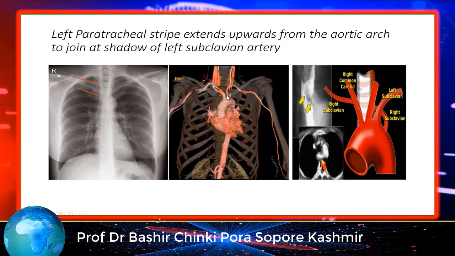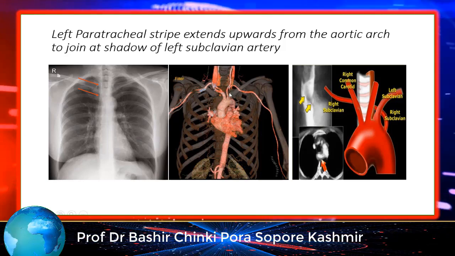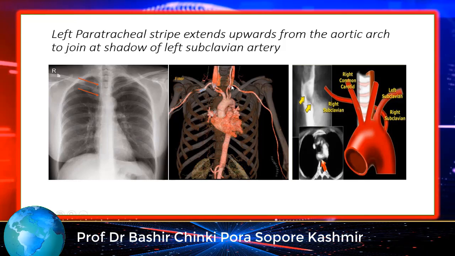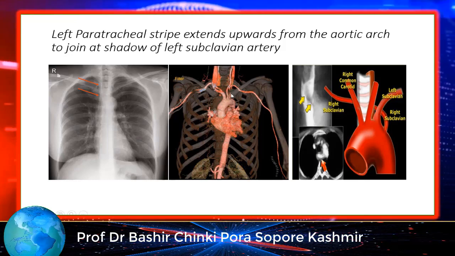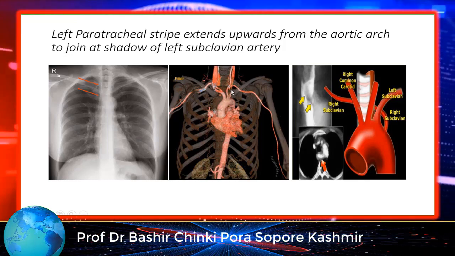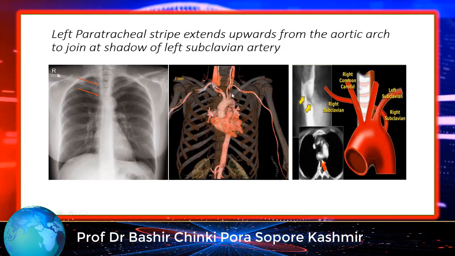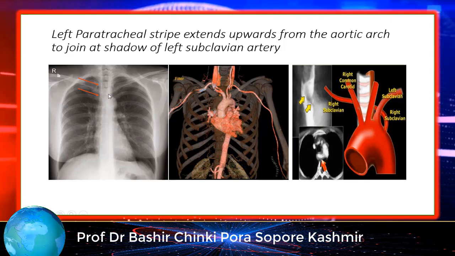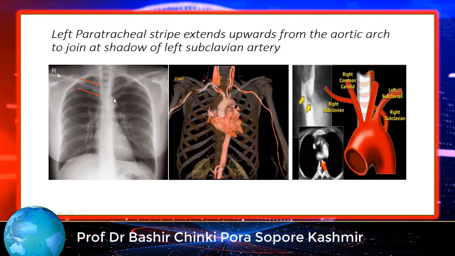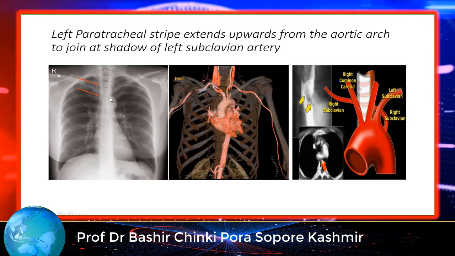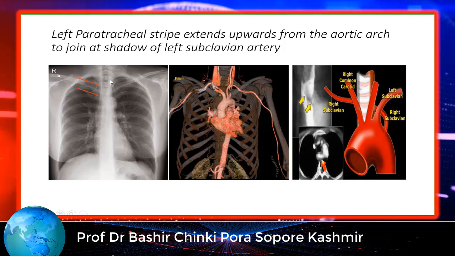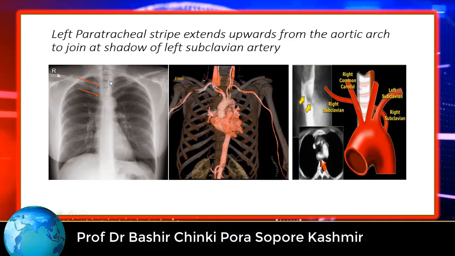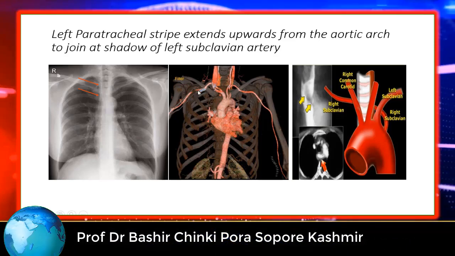Up to this level, the left paratracheal strip is seen as far as the radiograph is concerned. So I am saying that the left paratracheal strip extends from the aortic arch up to the left subclavian artery, that is here. I think that is clear now.